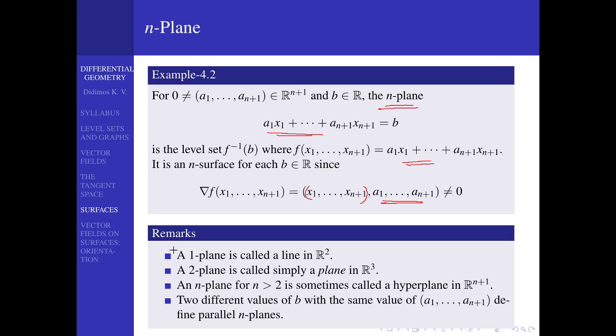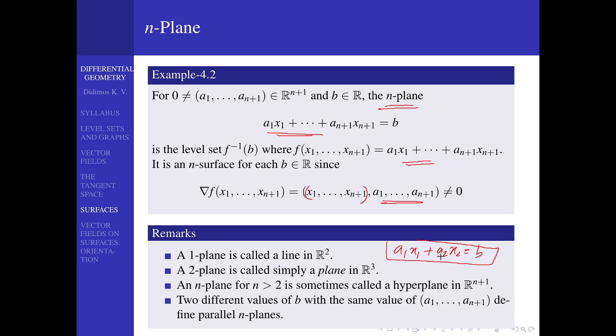Then what are some remarks also there? A one-plane is called a line. If you set n equal to 1, then you get a1 x1 plus a2 x2 equal to some b. Then this is what we call a line.